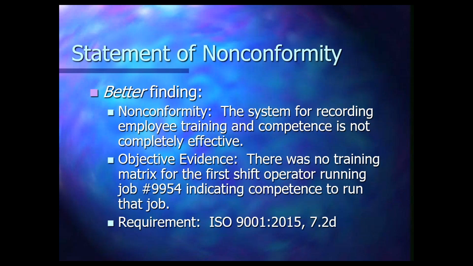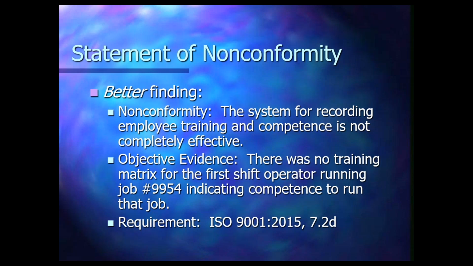So how might we better write this nonconformance? A better way would be to say the system for recording employee training and competence is not completely effective. And then our evidence statement is exactly what we had before. And then, of course, we cite the applicable requirement or audit criteria. In this case, ISO 9001:2015, clause 7.2D.